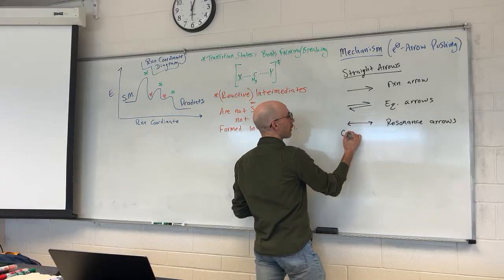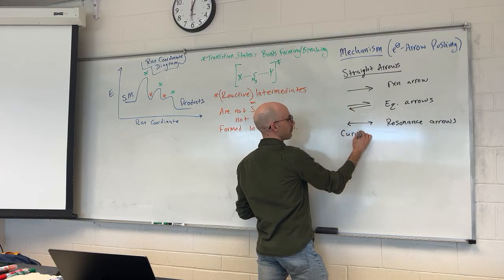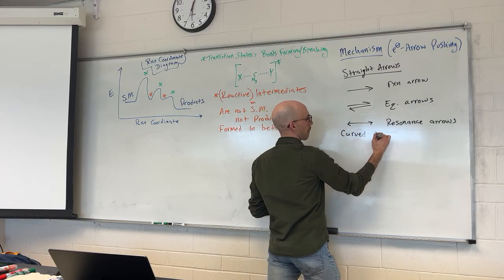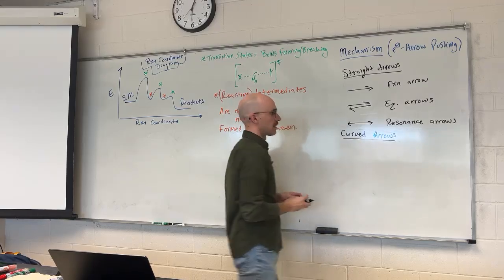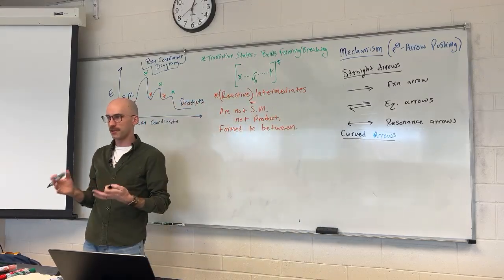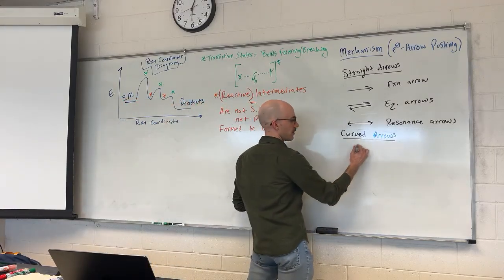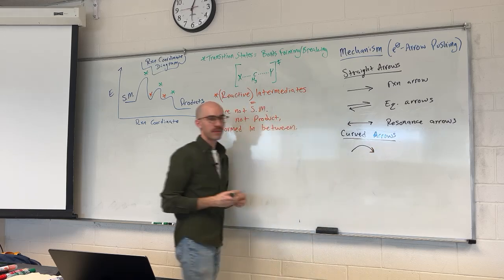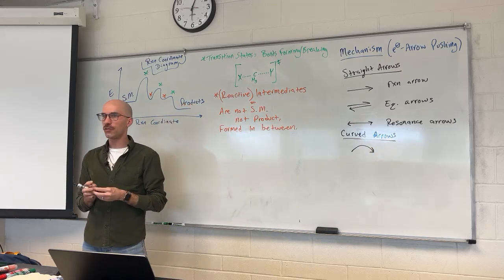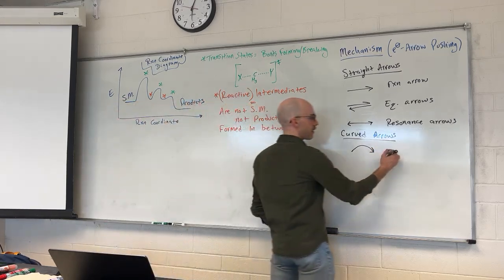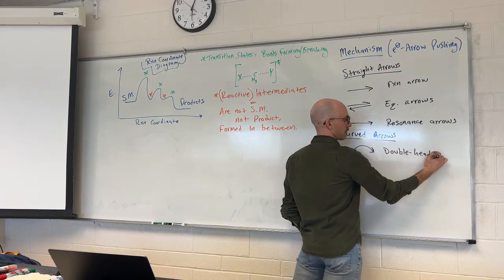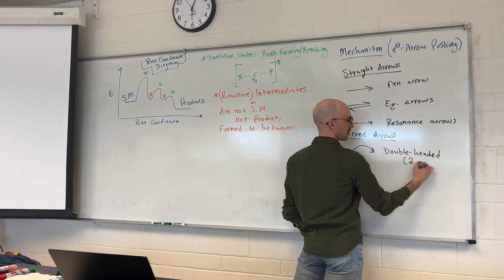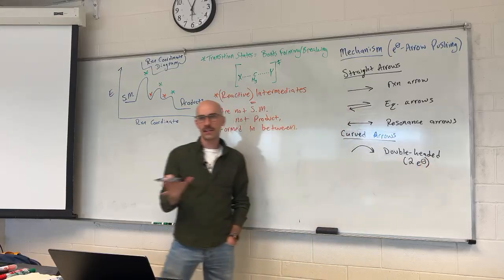Other than straight arrows, of course, we'd have curved arrows. And there's really just two types of curved arrows. This is a double-headed curved arrow, which represents two electrons.